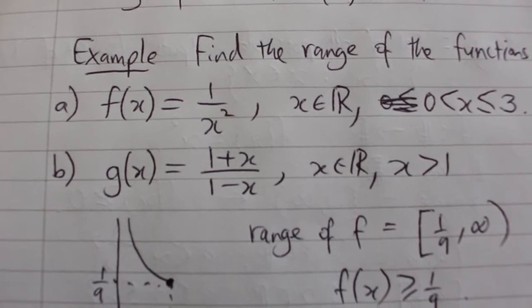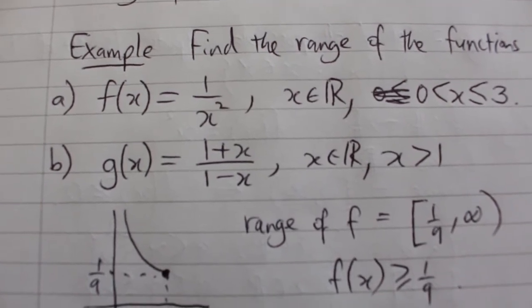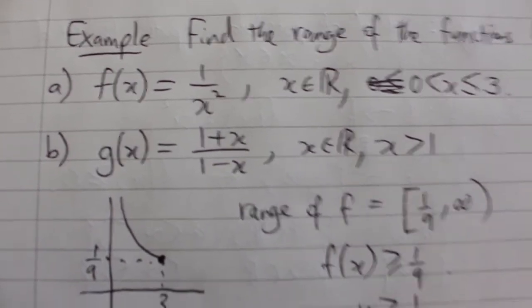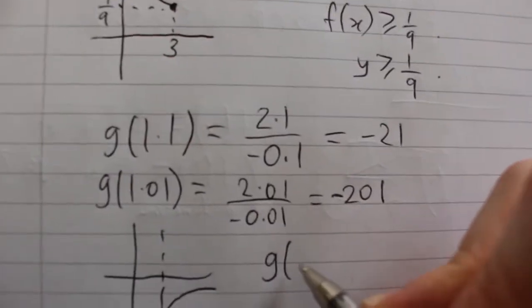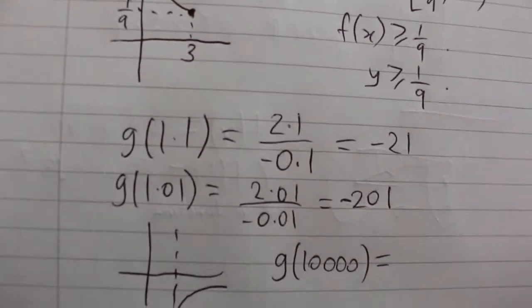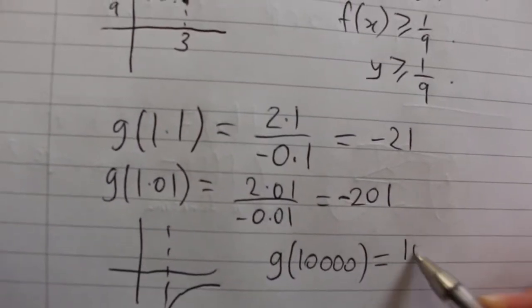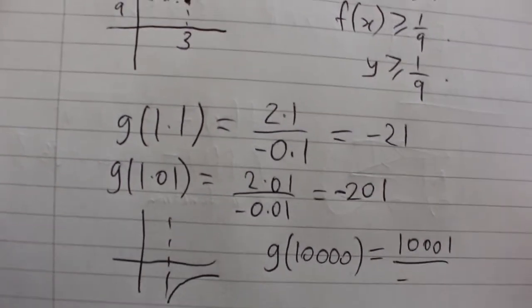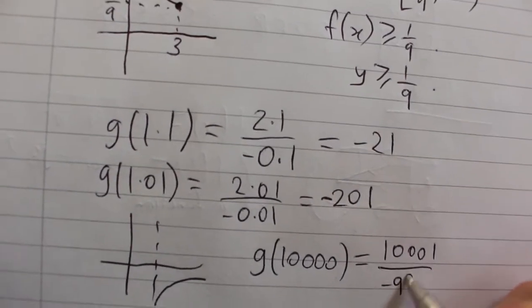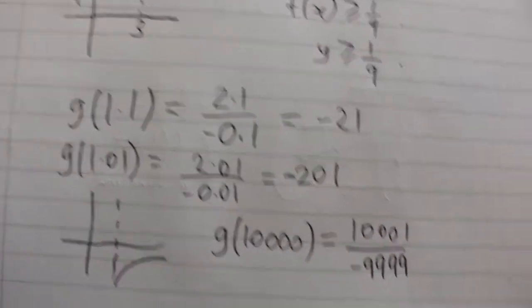So for example, if we were to work out g of, I don't know, 10,000, we would have 10,001 on the top over minus 9,999.